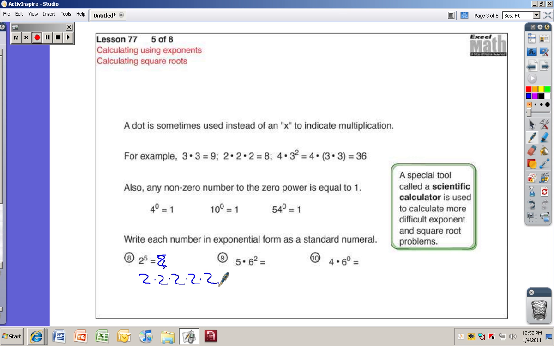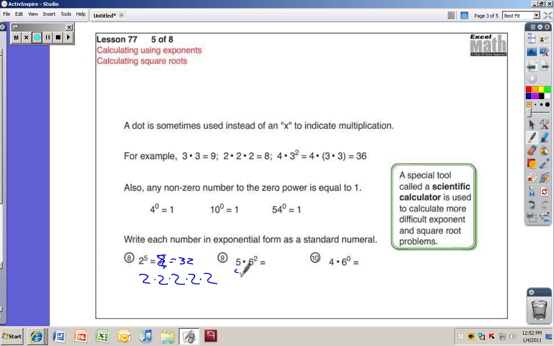Okay, and then 8, solve it. 2 times 2 is 4. 4 times 2 is 8. 8 times 2 is 16. 16 times 2 equals 32. So it equals 32.